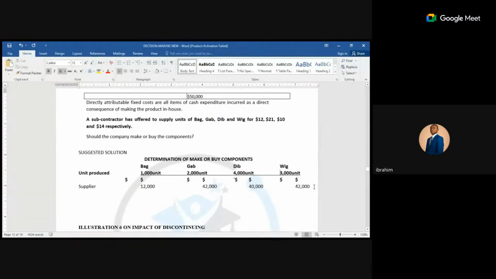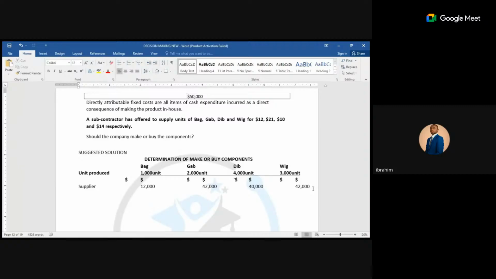So I haven't calculated this. The supplier cost is this. This is called supplier cost. Remember, it is make or buy. Either you outsource or you make that component. Component means what you will use to produce that product. Right?